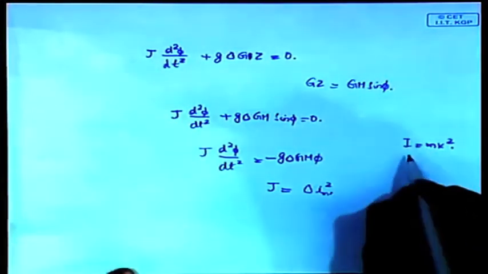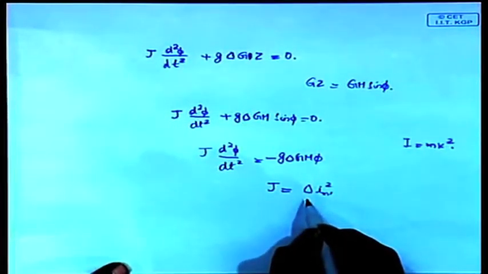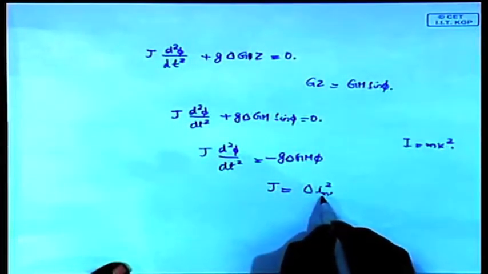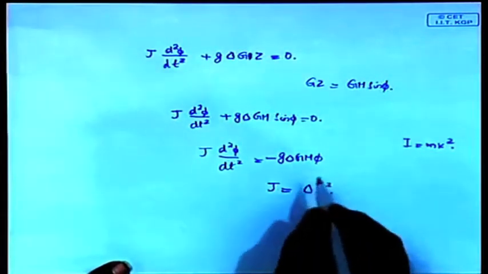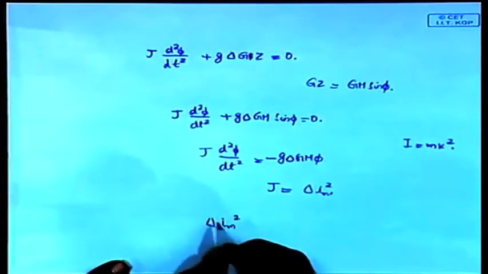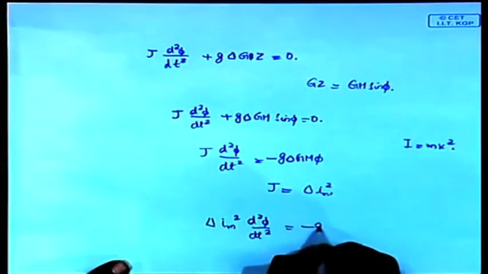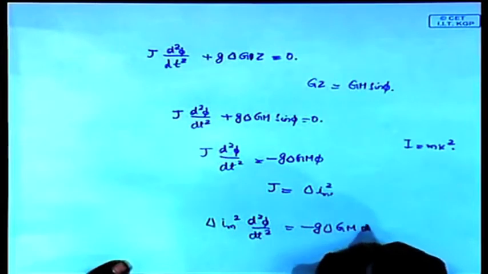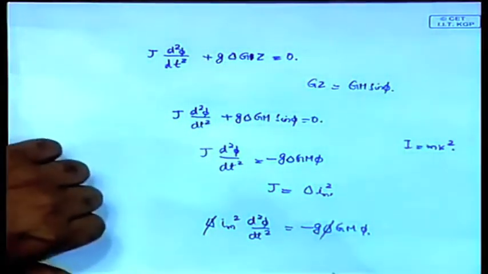So this J, if you write like this, delta is the mass of the ship in tons probably. So k squared is the radius of gyration squared. So this is J. So we write it like this, k squared into delta into d squared phi by dt squared equals minus g delta GM phi. So delta gets cancelled out. So from this we can get an expression for the frequency of the rolling.